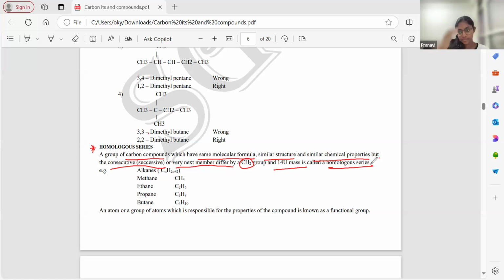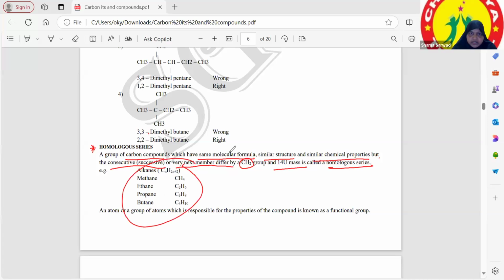So the homologous series of alkanes we have already seen. It is a group of compounds which has the same general molecular formula, then similar structure and similar chemical properties. But the consecutive or successive or very next member differ by either a CH2 group or 14 unit mass.